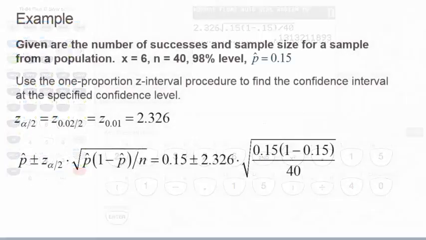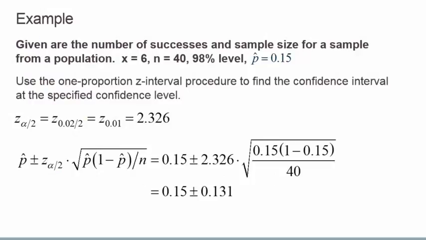Rounding to 3 decimal places, I have 0.15 plus or minus 0.131.